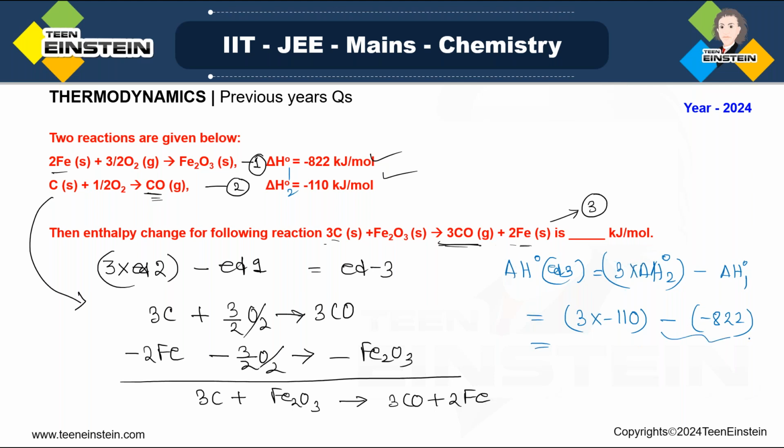So from this part it will be something positive, right? And this positive quantity is high, so the ultimate value that you will get will also be positive, 492 kilojoule per mole. You have to fill in the gap with 492 in kilojoule per mole unit.